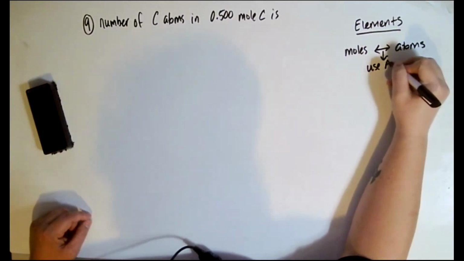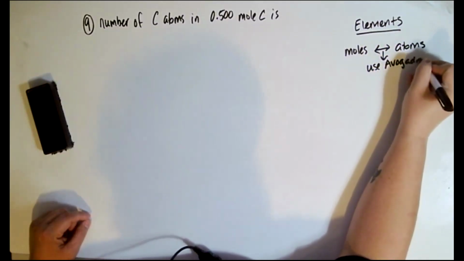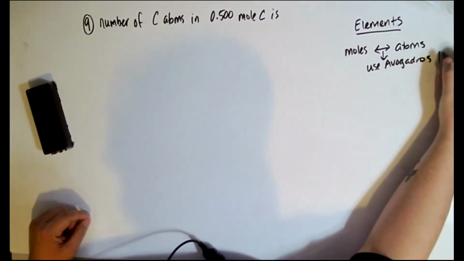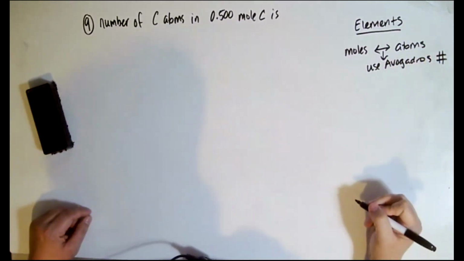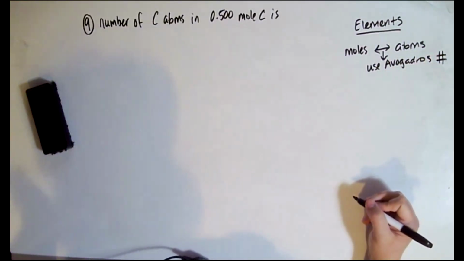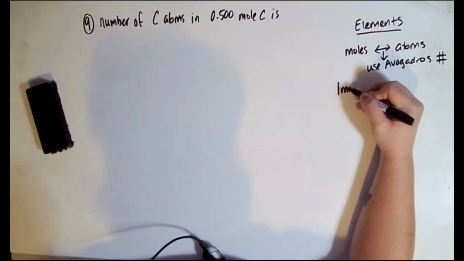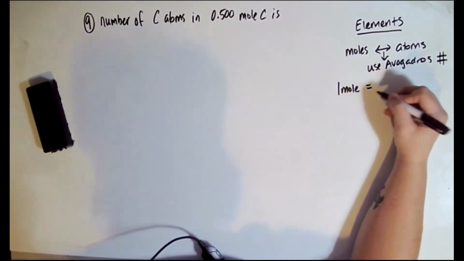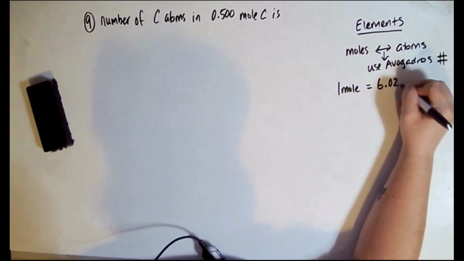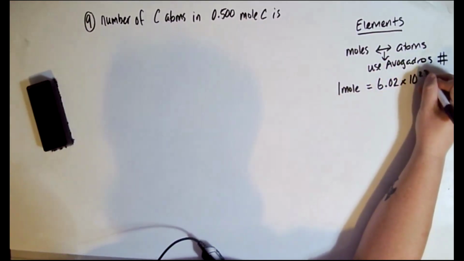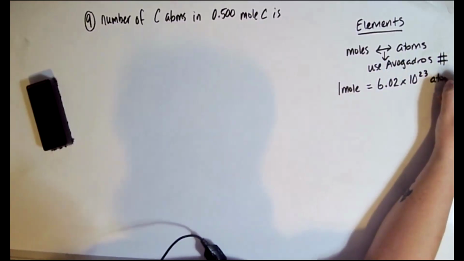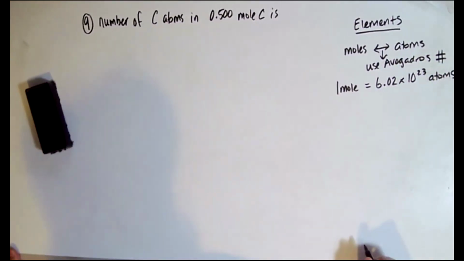Use Avogadro's number for this. For elements, Avogadro's number can be written as 1 mole of that element equals 6.02 times 10 to the 23 atoms of that element.